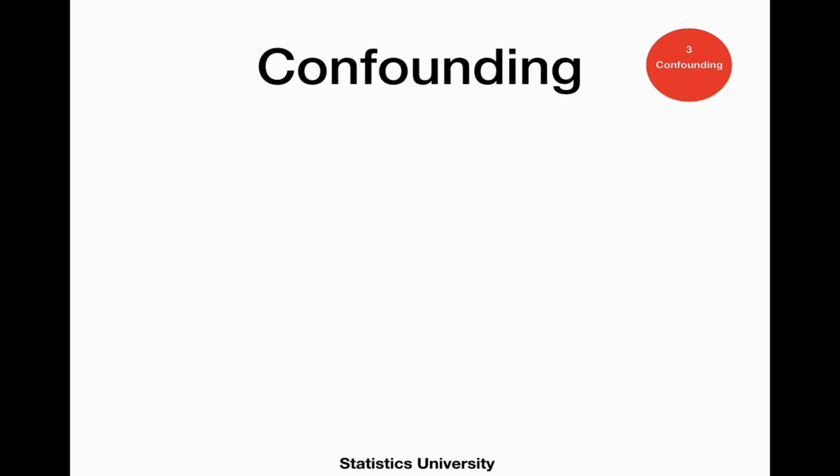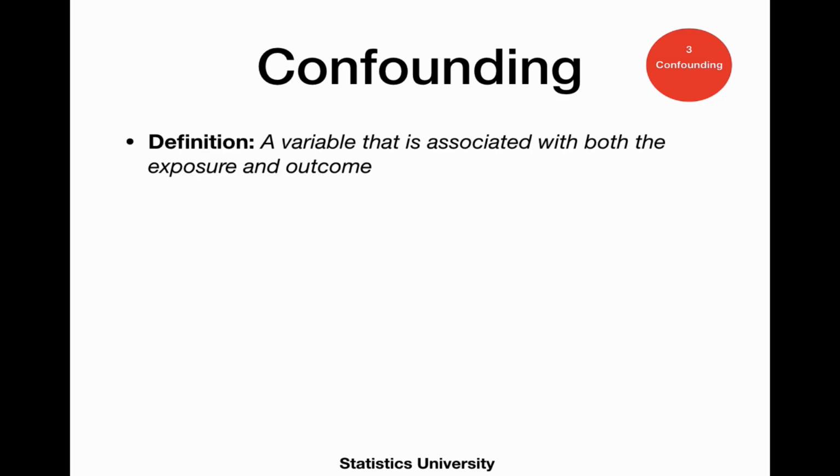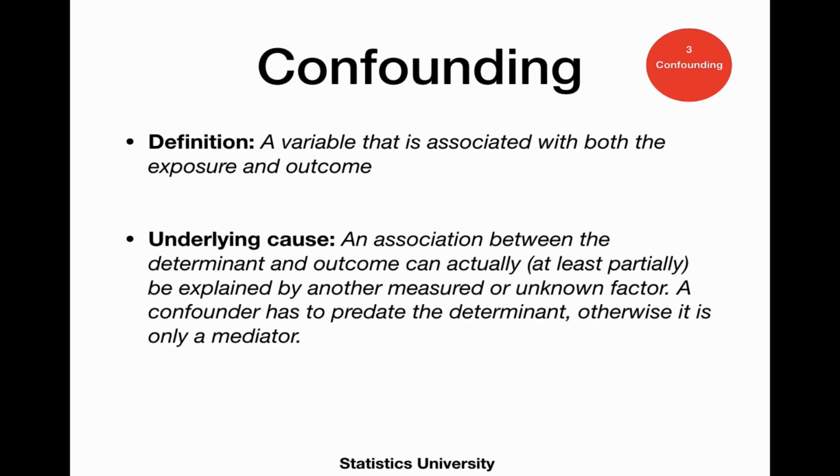Alright, in confounding, the problem is that a variable is associated with both the exposure or determinant and the outcome. In this situation, the association between determinant and outcome that is measured can actually, at least partially, be explained by another measured or unknown factor.